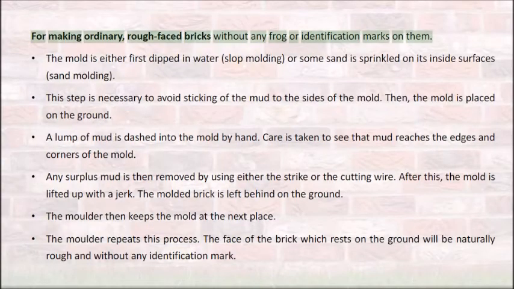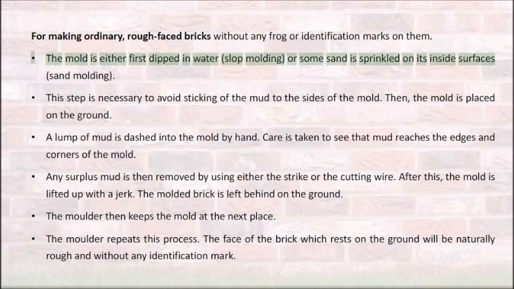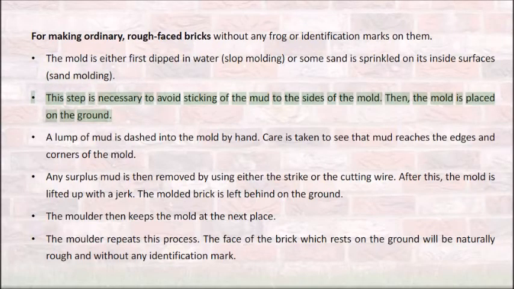For making ordinary, rough-faced bricks without any frog or identification marks on them, the mould is either first dipped in water, slop moulding, or some sand is sprinkled on its inside surfaces, sand moulding. This step is necessary to avoid sticking of the mud to the sides of the mould.